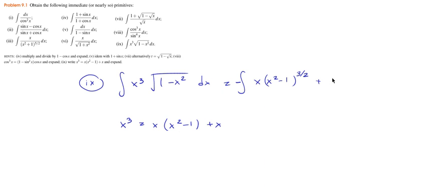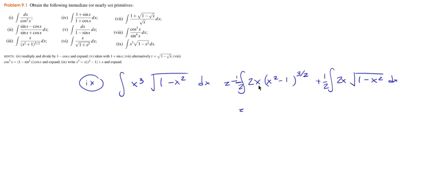And then we have plus x times the square root of 1 minus x squared dx. And so now we have this, which is again going to be 2 divided by 2, so minus 1/2, and also 2 1/2, right?